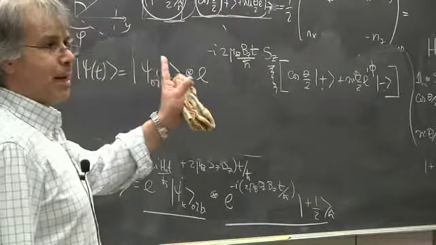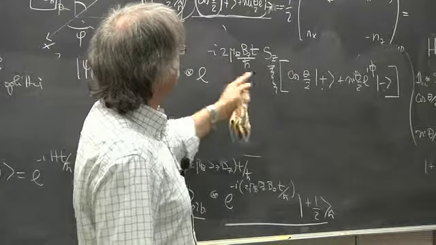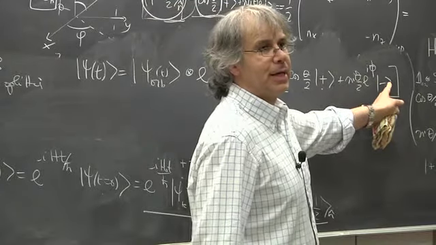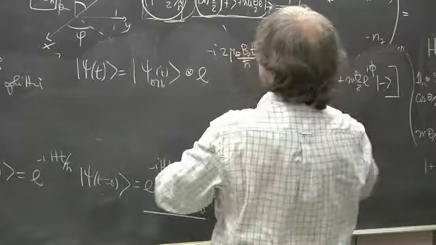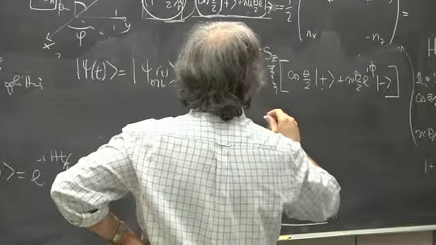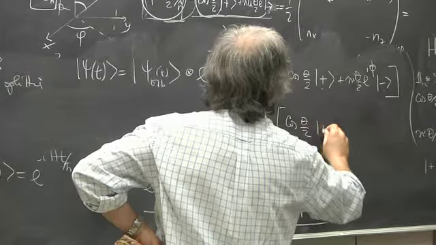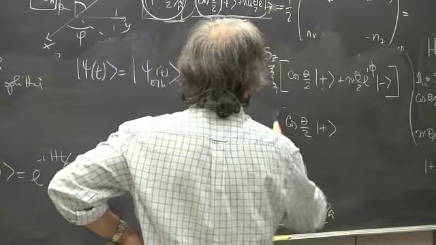Therefore, it's simple to calculate the effect of this exponential of Sz on this or on that. Since this is an eigenvector of that, the effect will be just cos theta over 2, the same state, times a phase. How much is the phase?